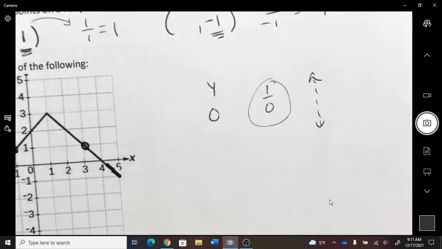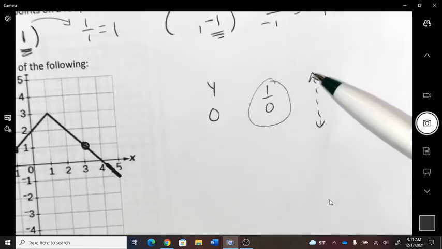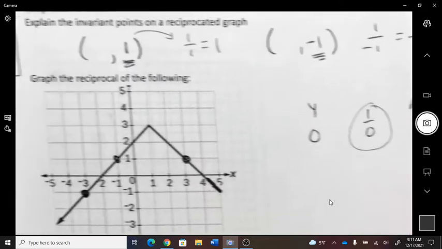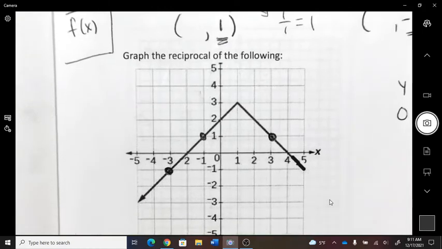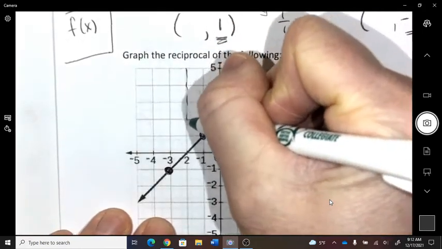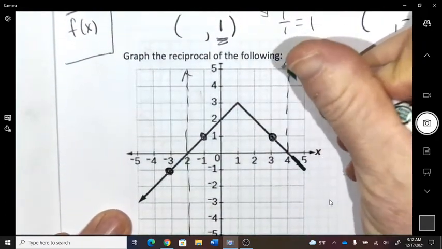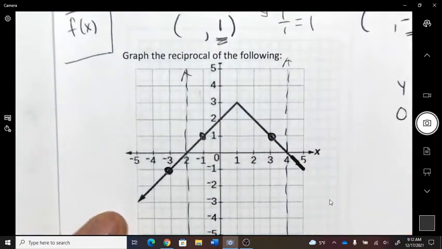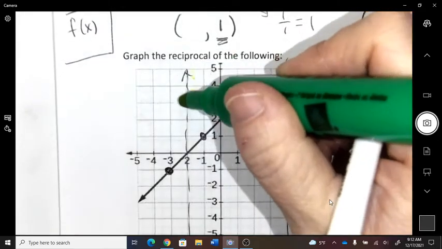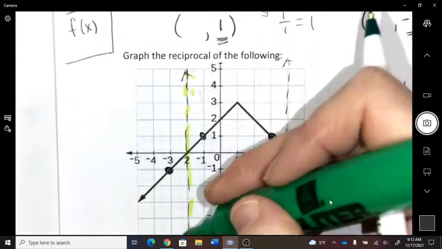What was that really funky word? Remember, it starts with an A? An asymptote? Okay, so where there's a height of 0, so that's here and here. So it's a dotted vertical line.